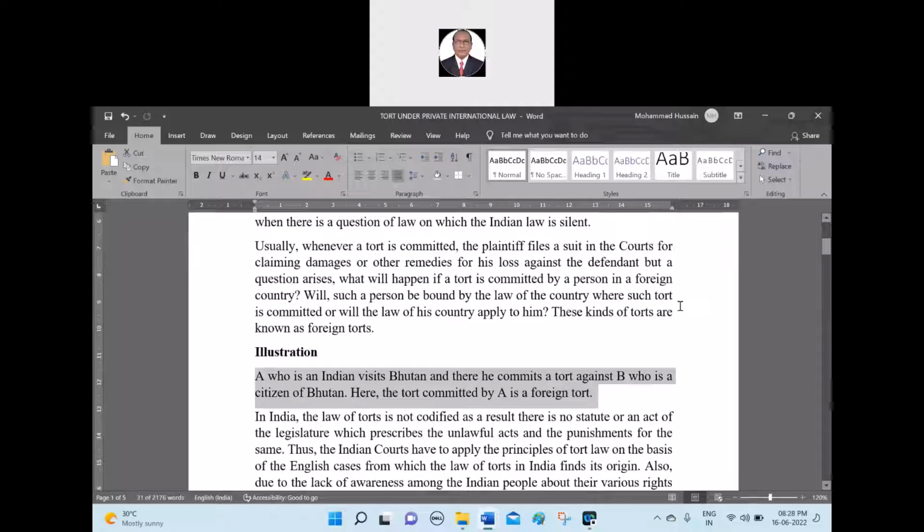Yes, which I highlighted, and you could see it on your mobile screen also.